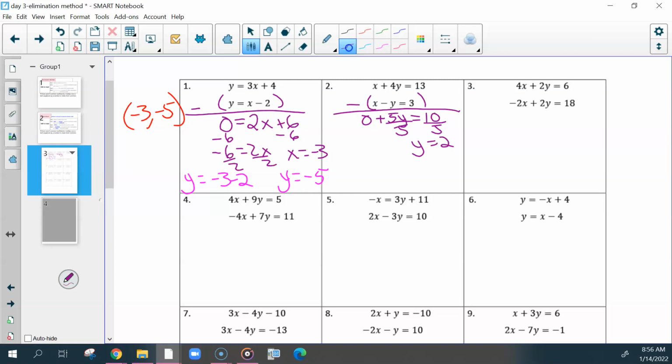Put this back into either one of the equations, it doesn't matter which one. I'm going to choose the second one. So I can add 2 to both sides. So my ordered pair would be 2, 5.